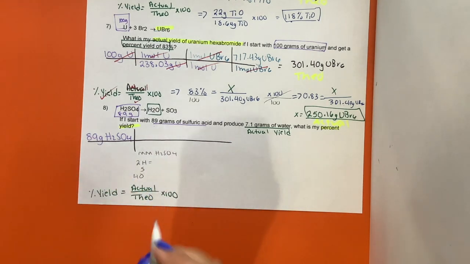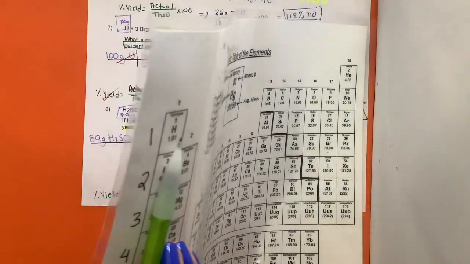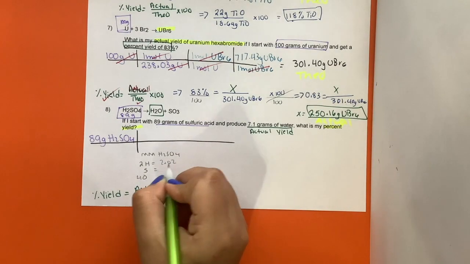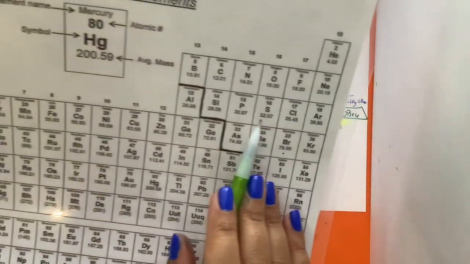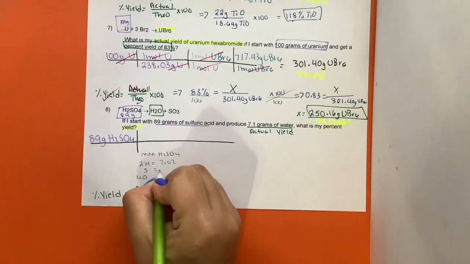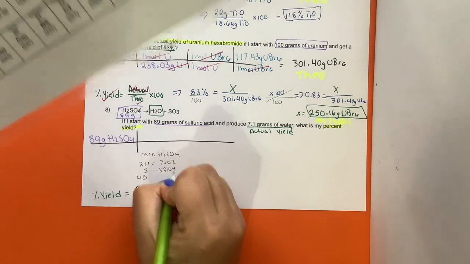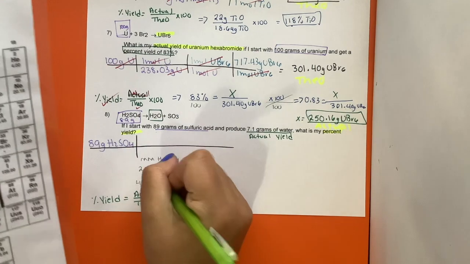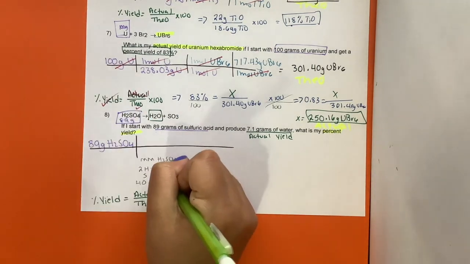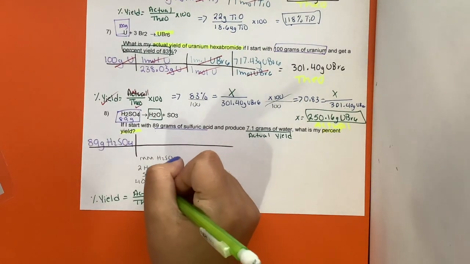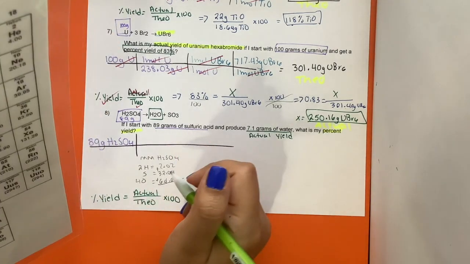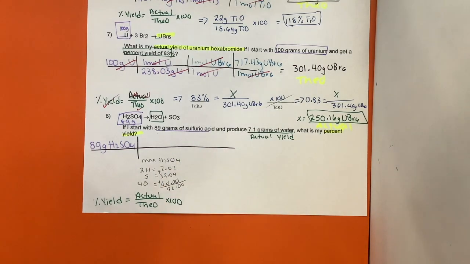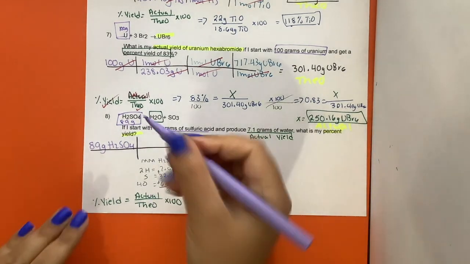So 2 times the mass of 1 hydrogen, which is 1.01, times 2 is 2.02. 1 sulfur is 32.07. And 1 oxygen is 16 times 4, because I have 4 of them, is 64. I'm going to add all of them together, and it gives me 98.09.